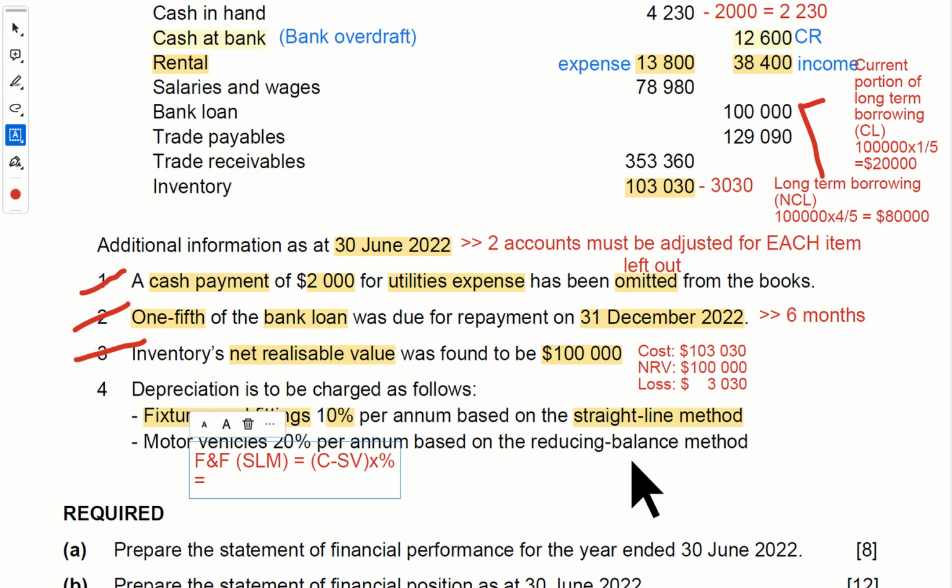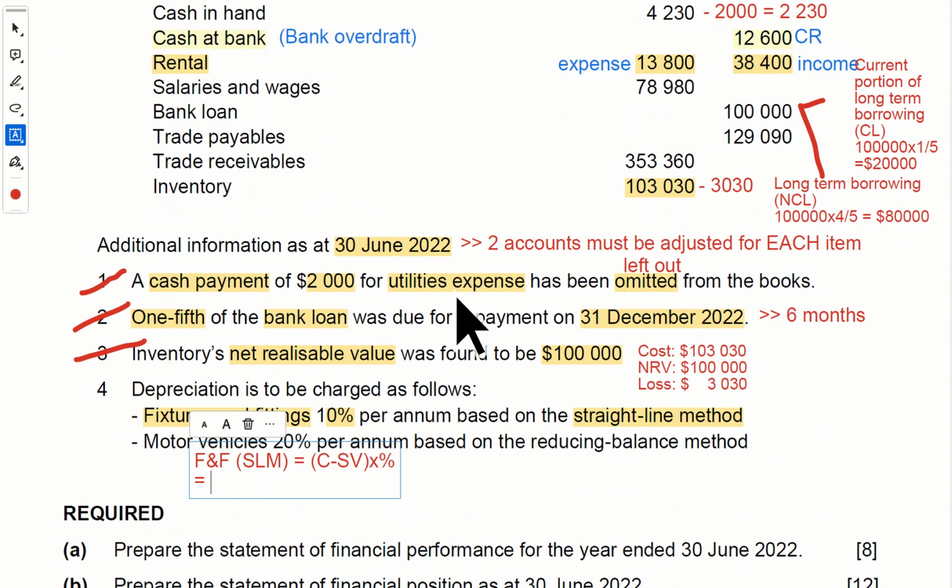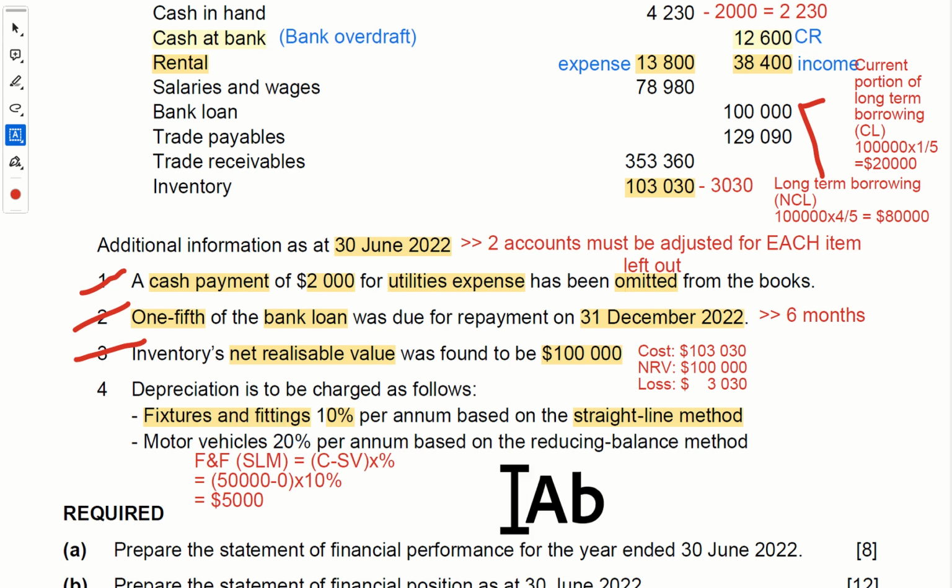And in this case, what is the cost of the fixtures and fittings? 50,000. So I will take 50,000 minus 0 times 10%. That will give me 5,000. Right? The next step is to consider what are the two accounts to be adjusted.